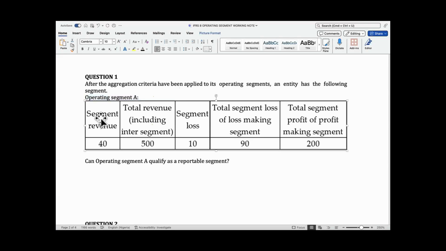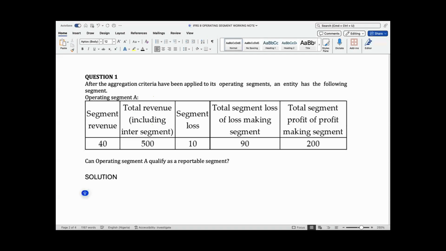The total revenue of the company, including inter-segment sales, is 500. The segment loss is 10. The total segment loss of loss-making segments is 90. The total segment profit of profit-making segments is 200. Can operating segment A qualify as a reportable segment?